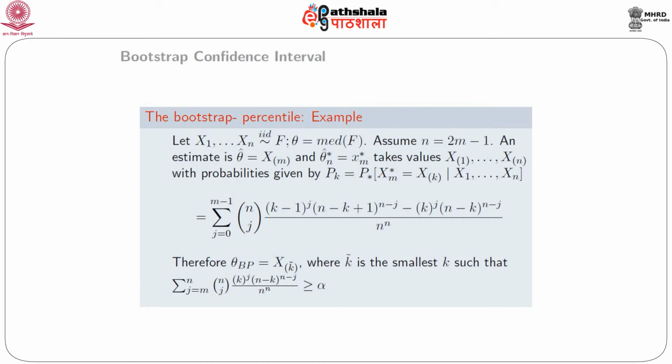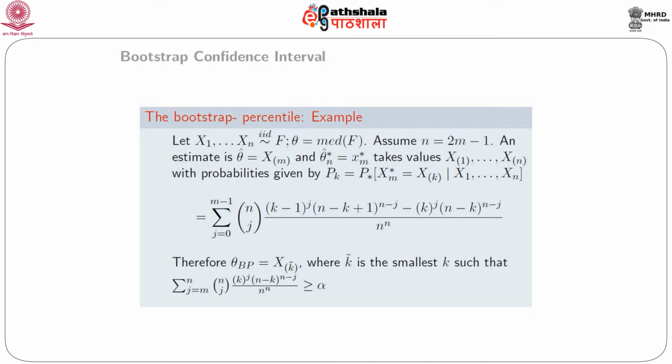Suppose X1 to Xn follows IID F and theta is equal to the median of F. Let theta n hat be Xm, the middlemost order statistic, and theta n hat star be Xm star, which takes the values X1 to Xn with probabilities given by P star.